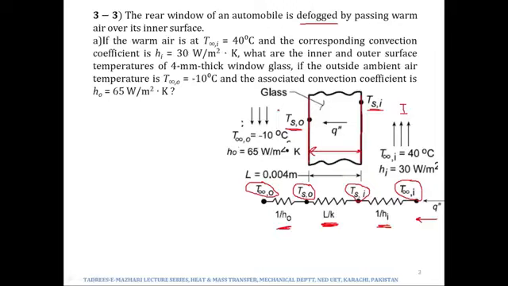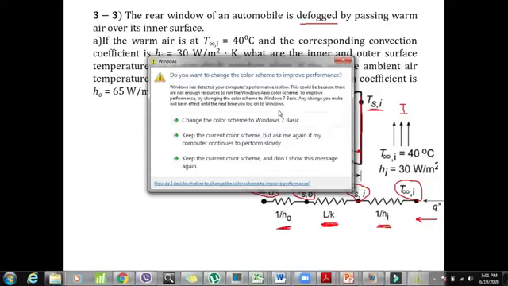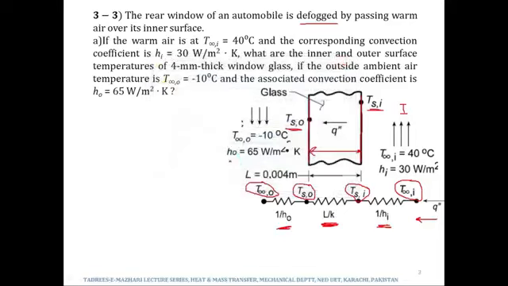So we would not be able to use Q as minus K delta T over delta X or Ha delta T. One easy way, since we are dealing with chapter number 3, thermal networks, is that we can always write Q as delta T over resistance.